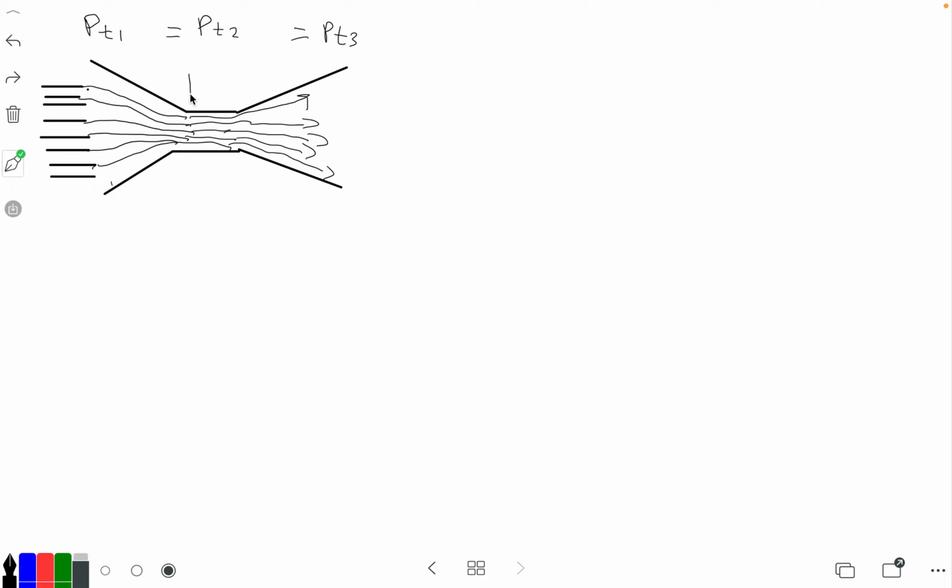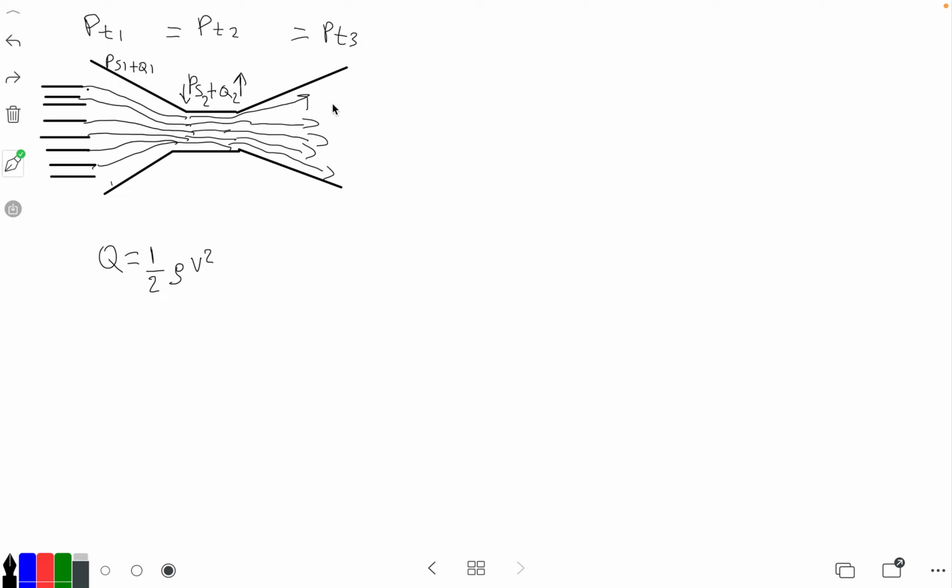It is static pressure plus dynamic pressure: static pressure 1 plus Q1, and in order to remain constant, this has to go down because speed goes up, dynamic pressure goes up, and the formula of dynamic pressure is 1/2 rho v squared.